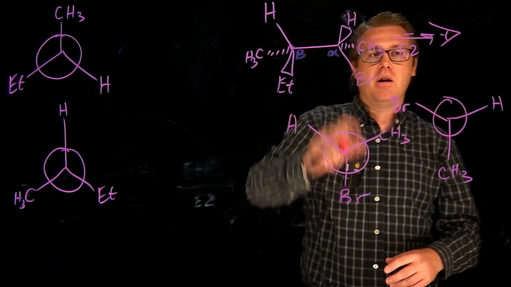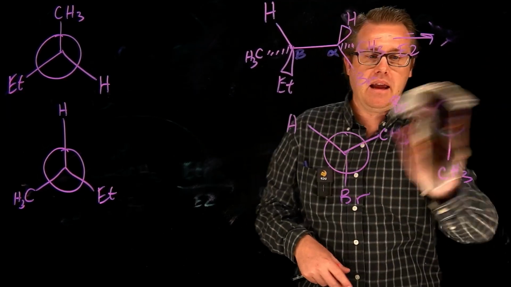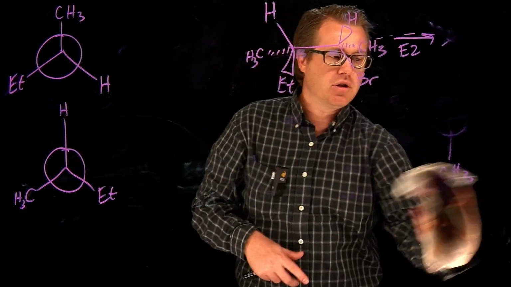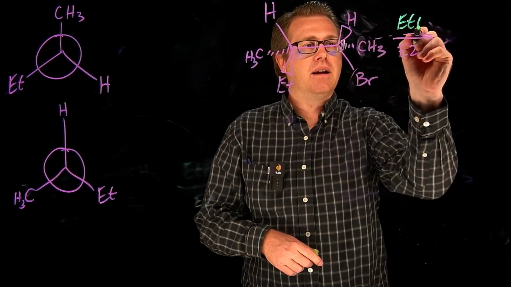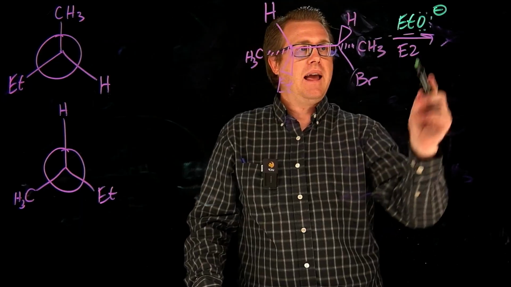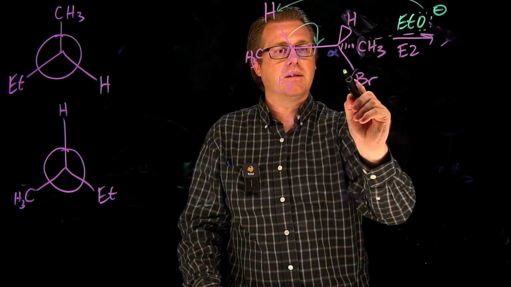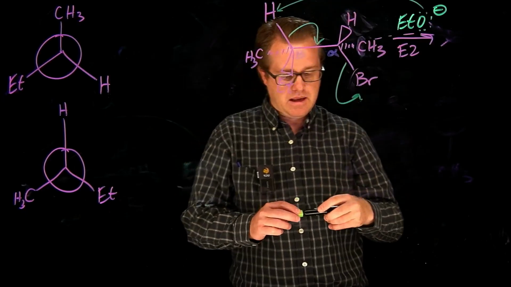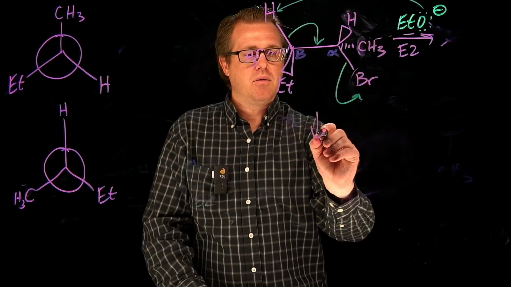Now I've got the molecule in the proper orientation that I can do an E2 mechanism so that I can predict the product. And so if we take an ethoxide or a strong base, it doesn't matter which, we can see that, hey, this will come in, abstract that proton, go like this, and give us our product. So what would our product be?